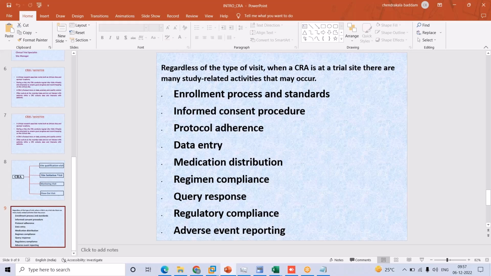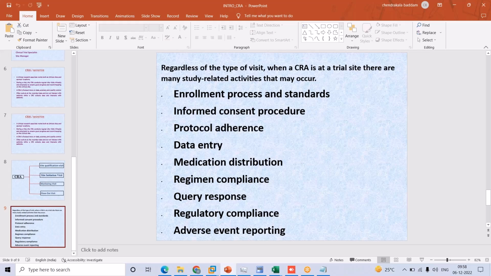Are the subjects complying with the medication regimen that they have been assigned? Query response. Does the site answer the queries promptly? And regulatory compliance. Are the necessary legal and regulatory documents completed correctly and filed?